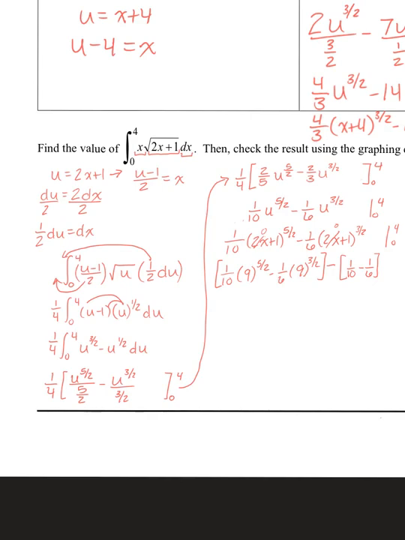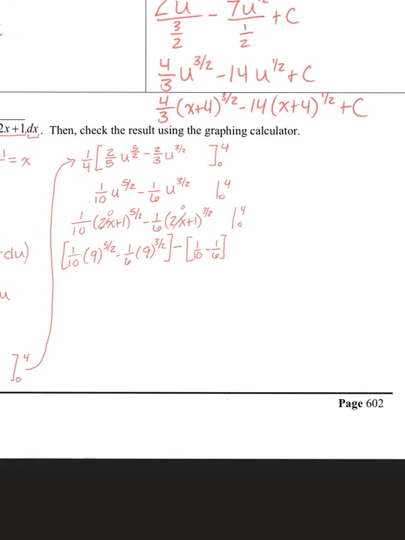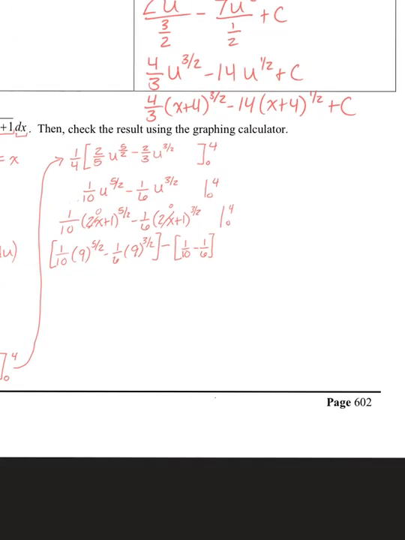Okay, so I'm going to do a little side math here. If I have 9 to the 5/2, that's the same as the square root of 9 to the 5th. Okay, which if you know how to simplify radicals without a calculator, you're looking for groups of 2.